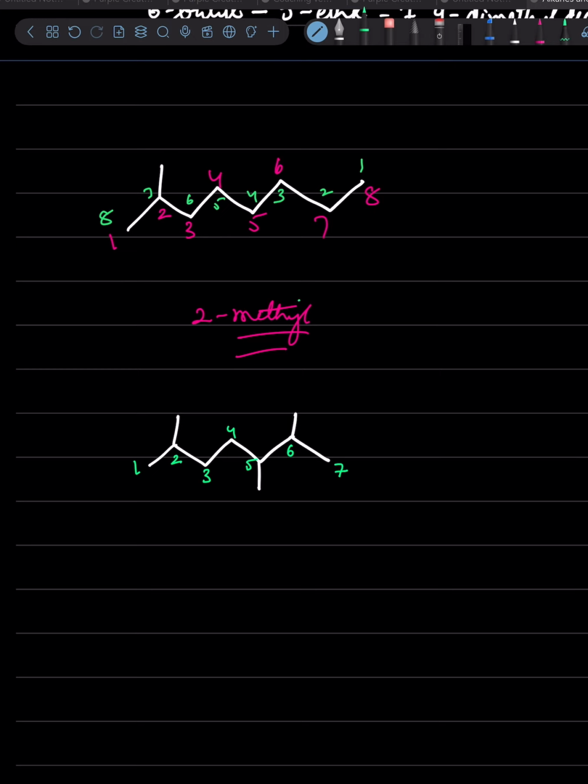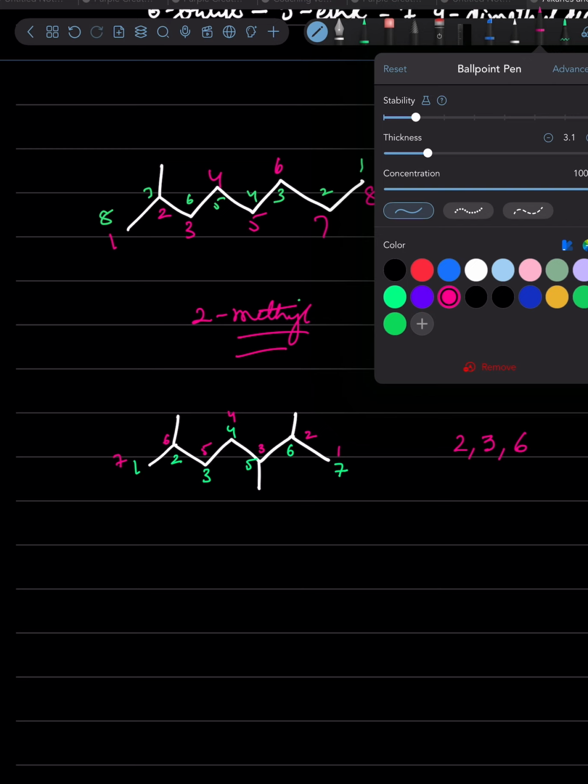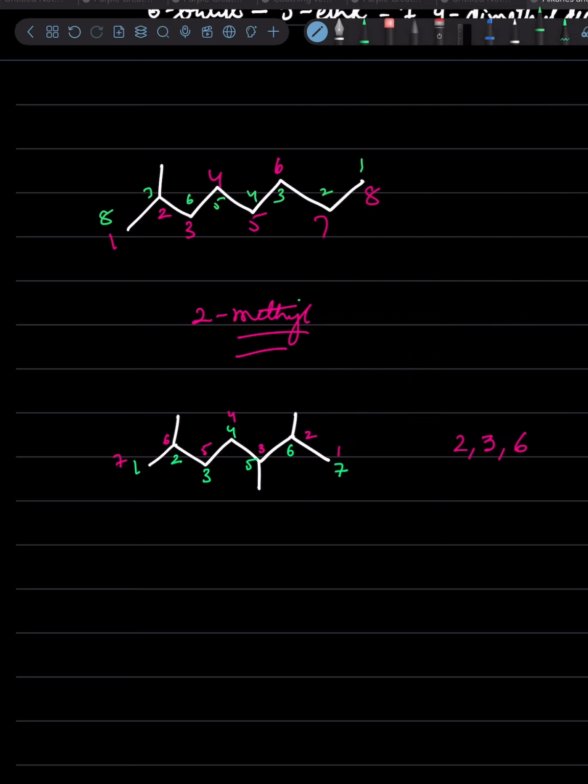So 7 carbons. If I take another one, 1, 2, 3, 4, 5, 6, 7. With pink, my substituents are getting the numbers 2, 3, and 6. And with the green one, my substituents are getting the numbers 2, 5, and 6.